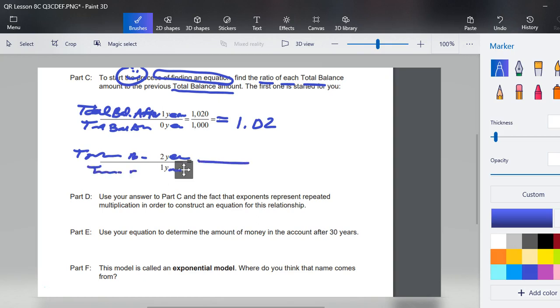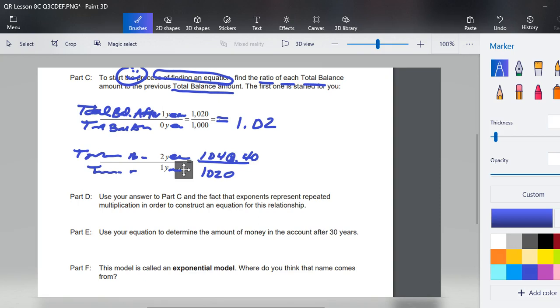So looking back at your chart, total balance after 2 years was $1,040.40.